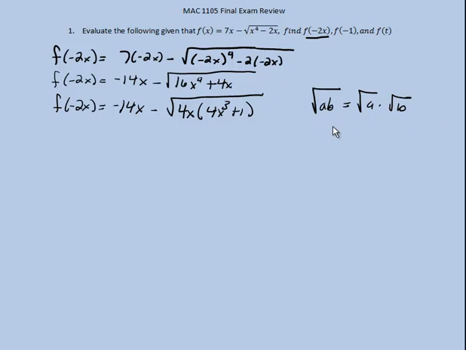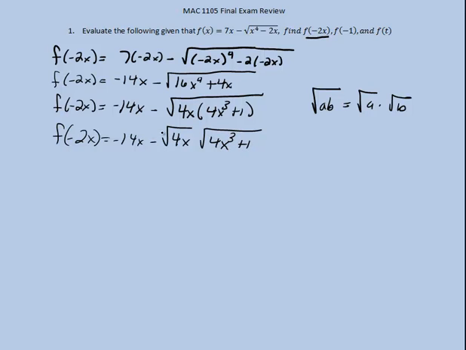So as we said, we can split up the radical because the nth root of ab will be equal to the nth root of a times the nth root of b. So in this circumstance, we can split up the 4x and the 4x cubed plus 1 into two independent radicals. So this can be the square root of 4x times the square root of 4x cubed plus 1.